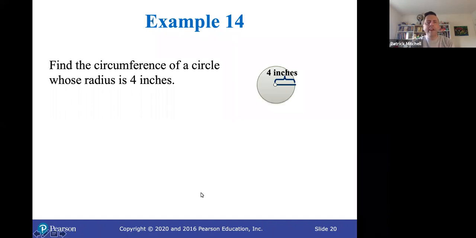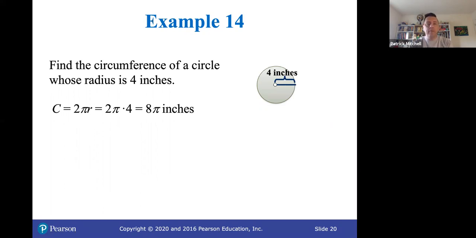Okay, so the first example of finding circumference, they want me to find the circumference of a circle whose radius is 4 inches. So remember the formula, circumference equals 2 pi r. Remember, pi is just a number, all right? So you're never going to be replacing pi with some other number except for possibly 3.14 or 22/7, okay?